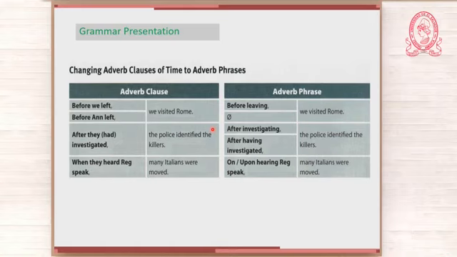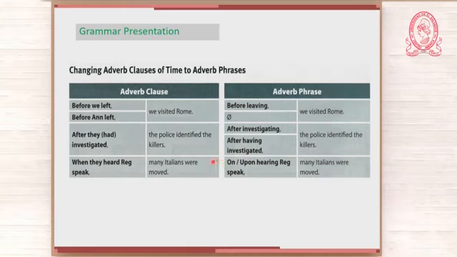Okay? Now, let us look at this one. When they heard Greg speak, many Italians were moved. And here we can make a little change.